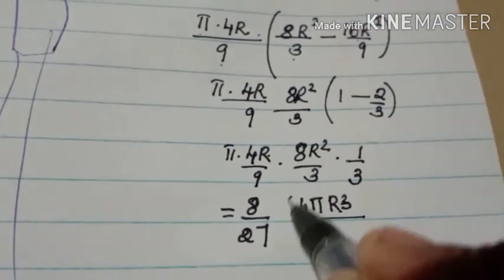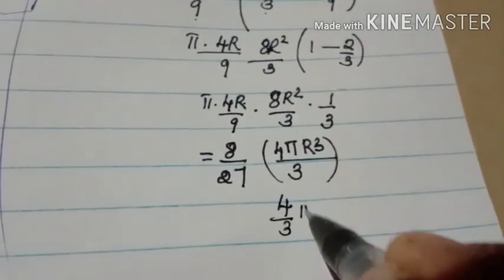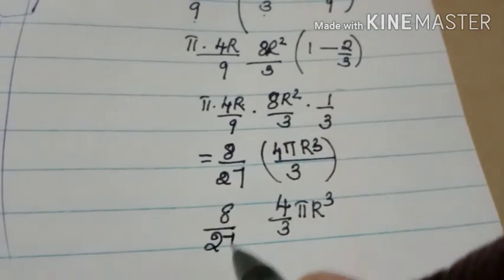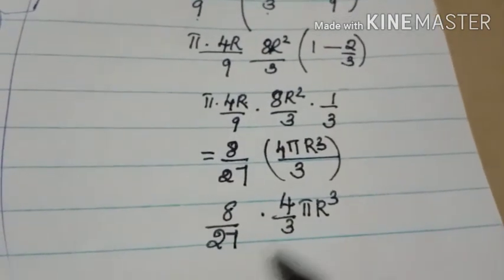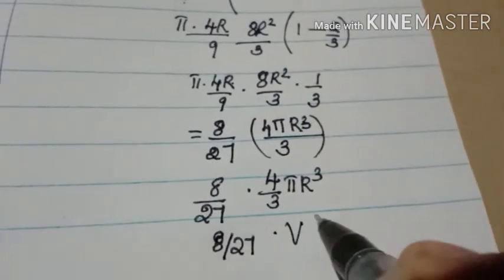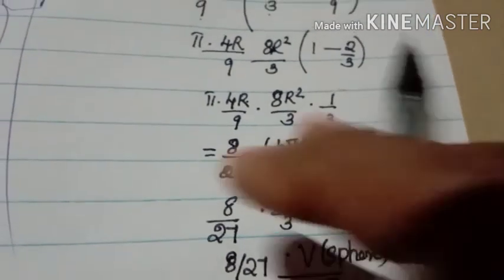Okay. Now listen, what is this? 4 by 3 pi r cube. What is this? Yes, this is the volume of sphere. So it is 8 by 27 into volume of sphere, that we wanted to prove.